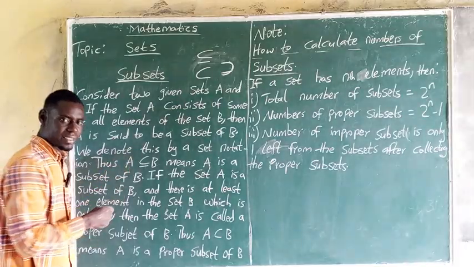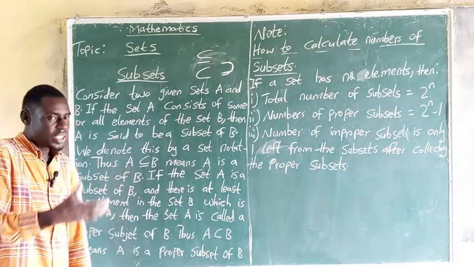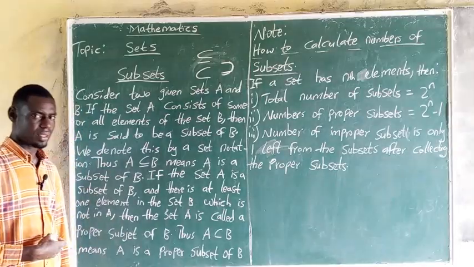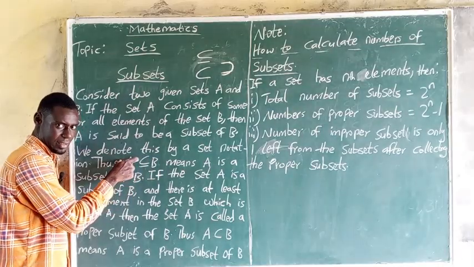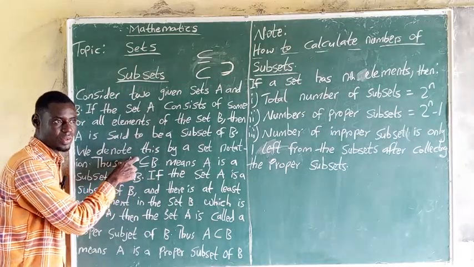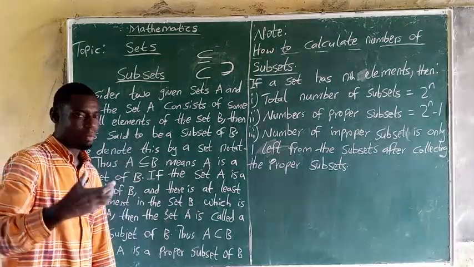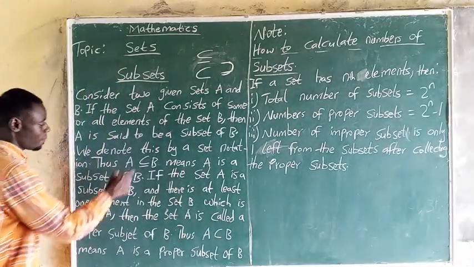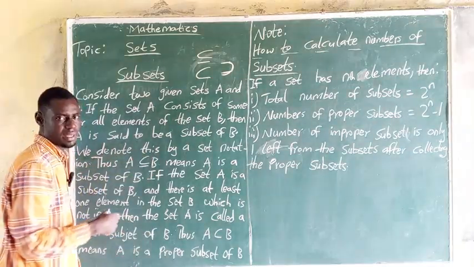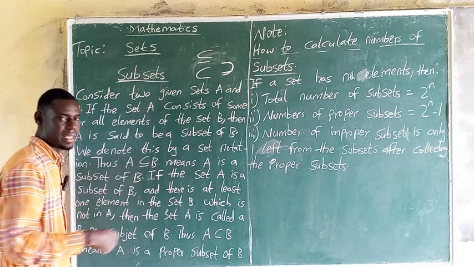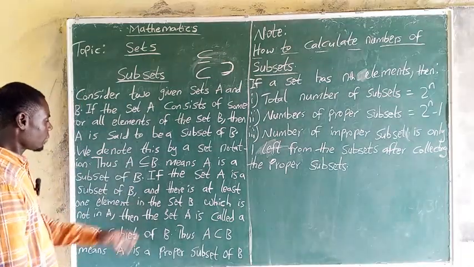That's just the meaning. If B is the mother, she gives birth to a child A. The child is coming from the mother. So A is a child born from B. You get your A from B. You understand?